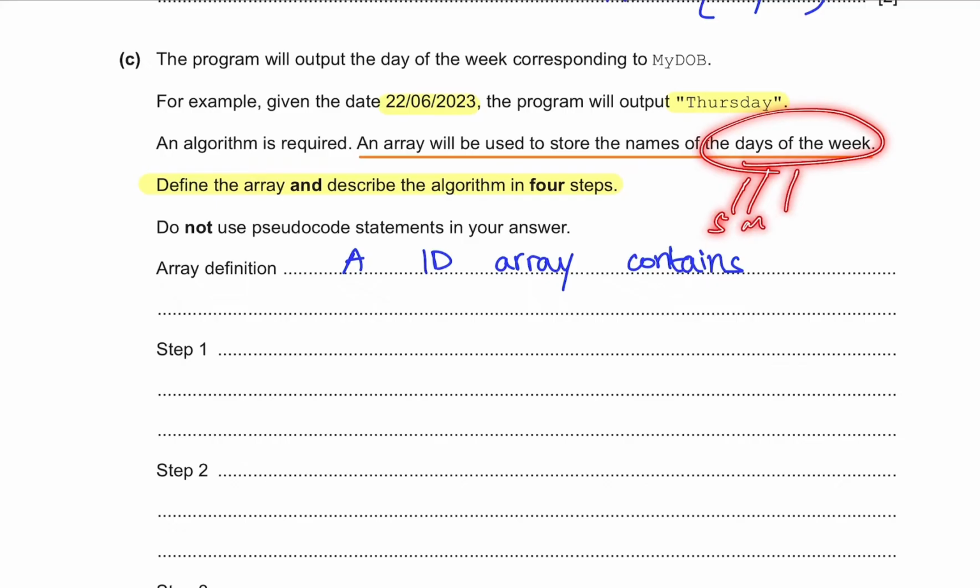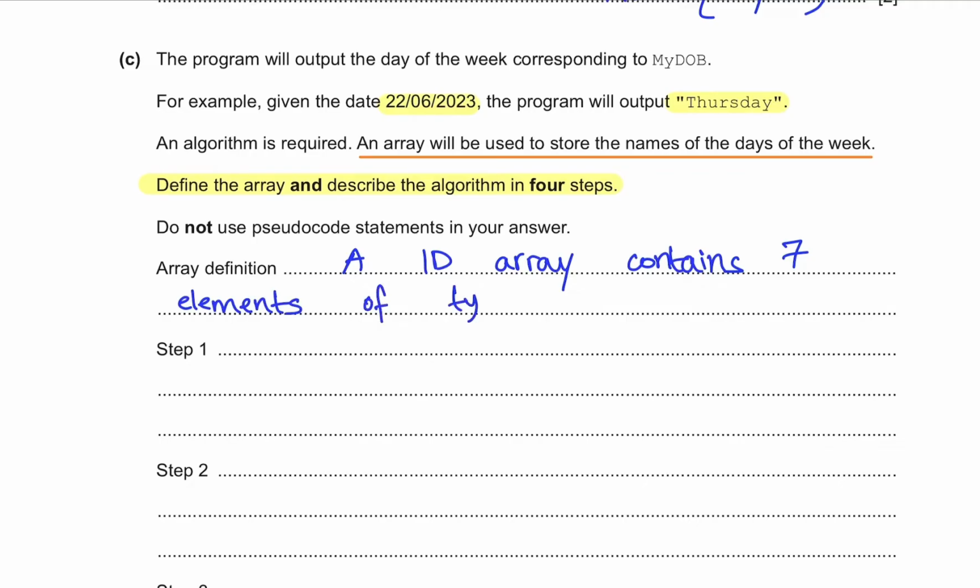Sunday, Monday, Tuesday, Wednesday, Thursday, Friday, Saturday. Sorry, I already counted Sunday. 3, 6, 7 days in a week. Okay, contains 7 elements, of the type string. Because here it is given in string. That's why I mentioned string.